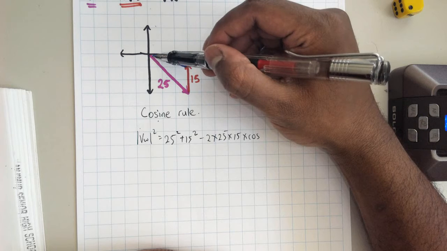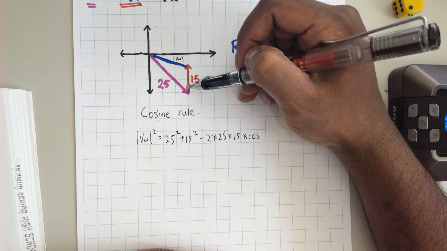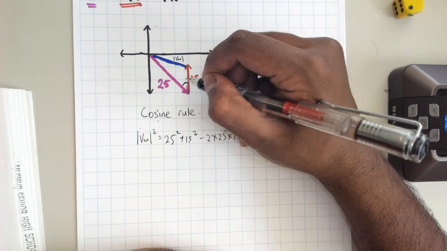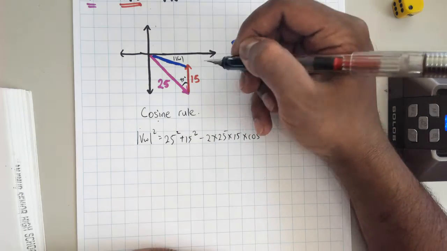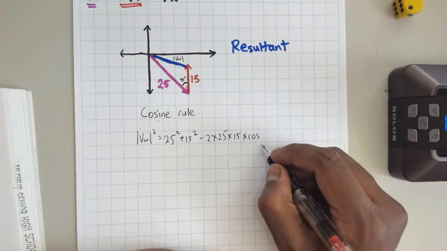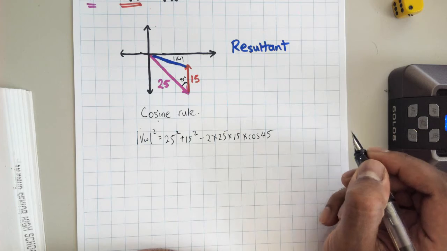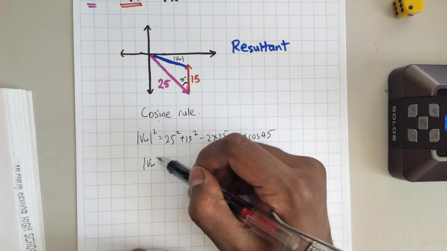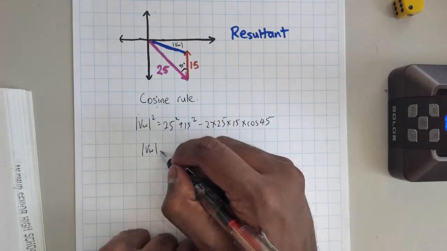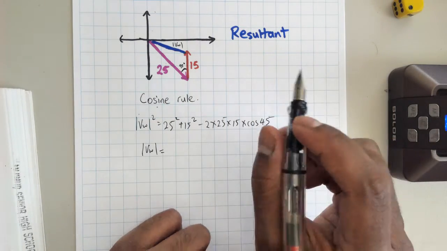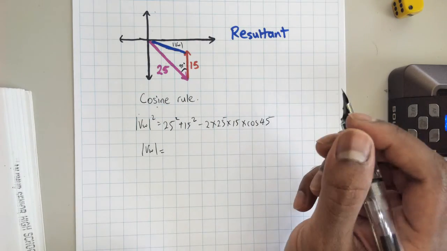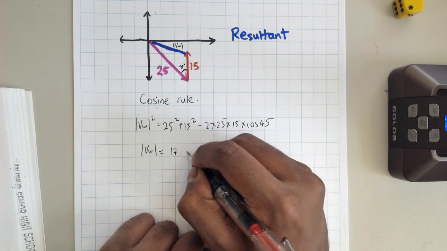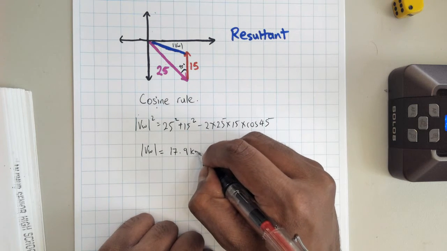Well, that's southeast and that's north. So this angle has to be 45, or halfway through a right angle. So it has to be cosine 45. Now we can solve for the magnitude of the velocity of the wind. You can use your class pad, or as they say, your handy dandy calculator, and you get 17.9 kilometers per hour.